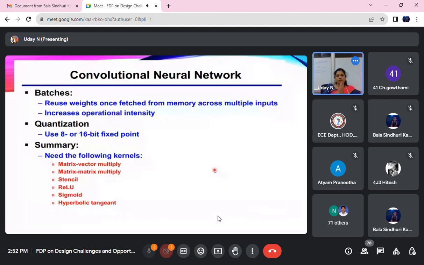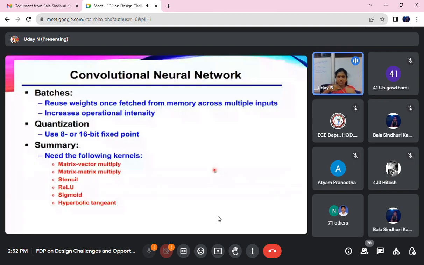So in summary, when you want to perform any convolution neural network, we need a matrix vector multiplier, a matrix matrix multiplier, and a kernel, that is, the stencil, which is nothing but a kernel or a window or a mask. Then we need to implement the non-linear activation functions like a ReLU, rectified linear unit, a sigmoid unit, and a hyperbolic tangent unit.